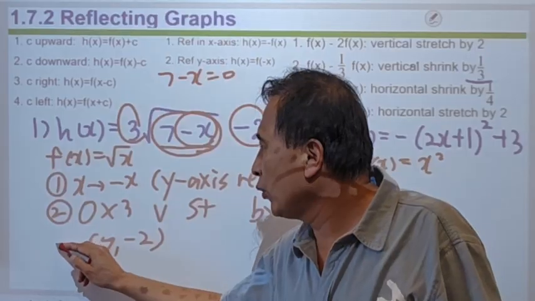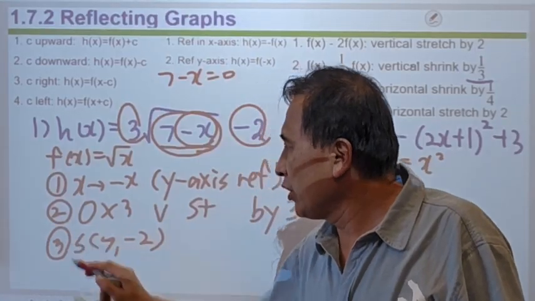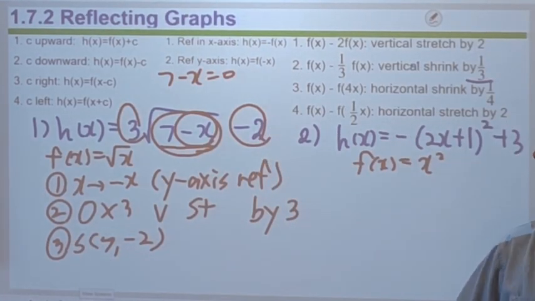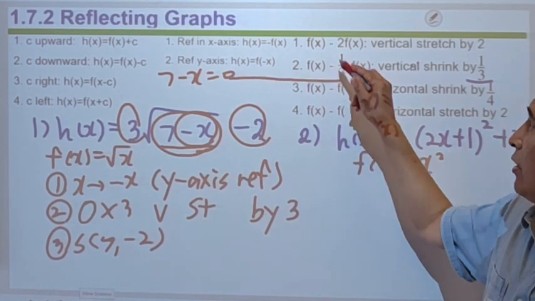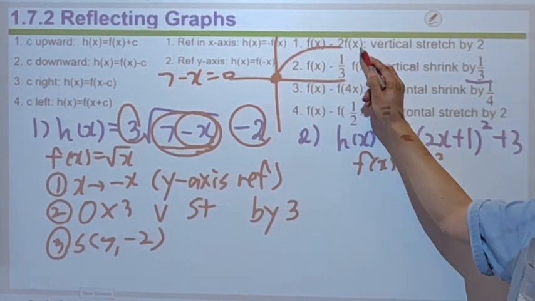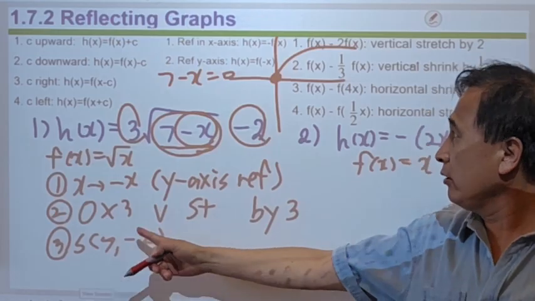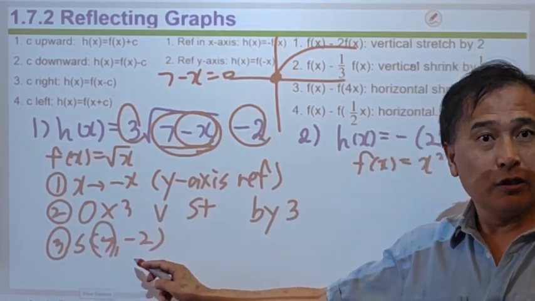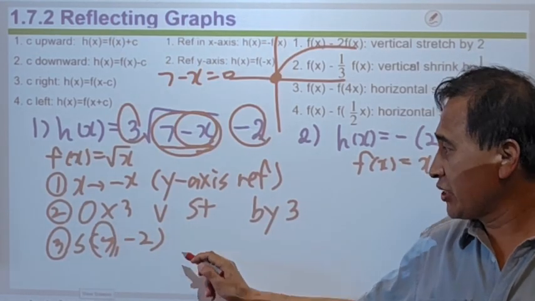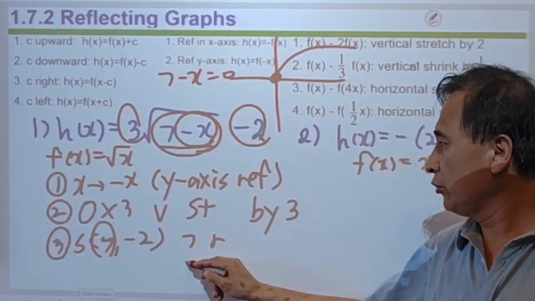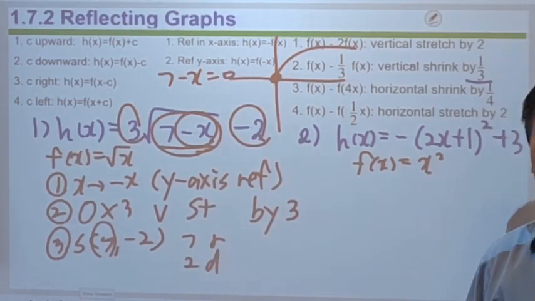Starting point, that means the original function is 0, 0, and then the graph is like that, right? So that means 7 to the right, 2 down. 7 right, 2 down.